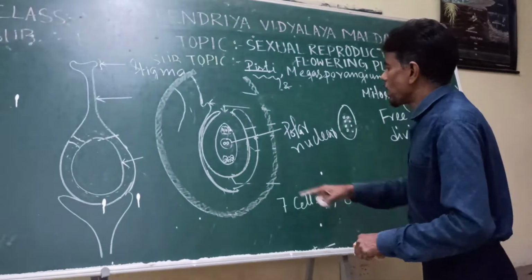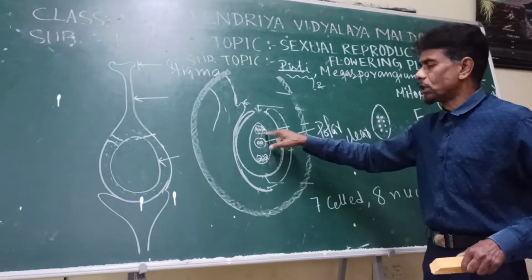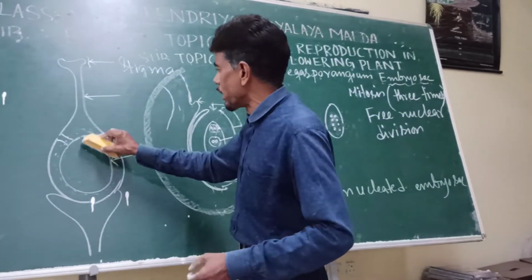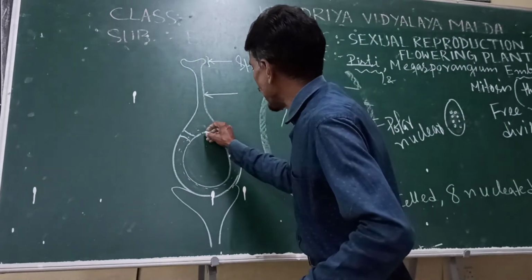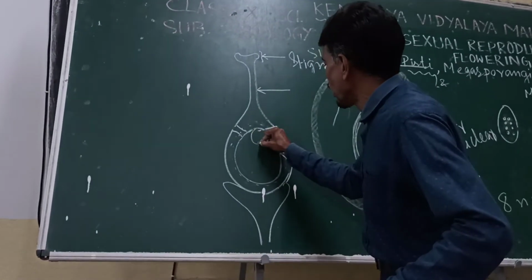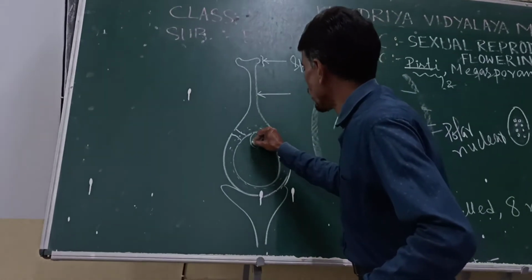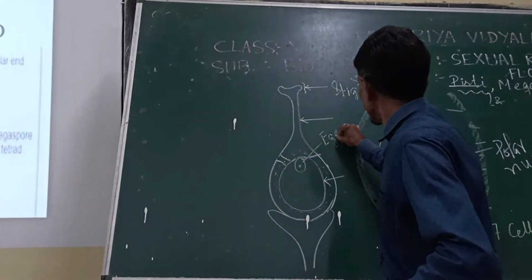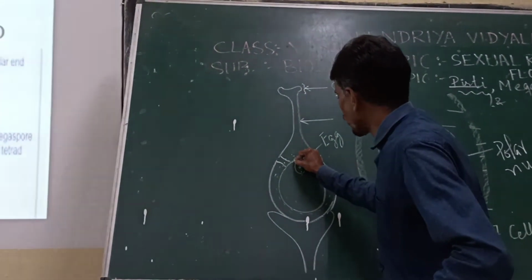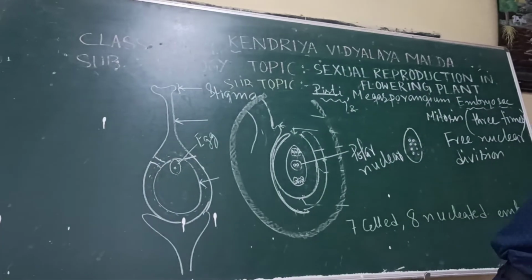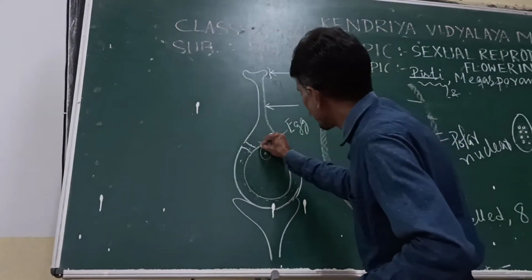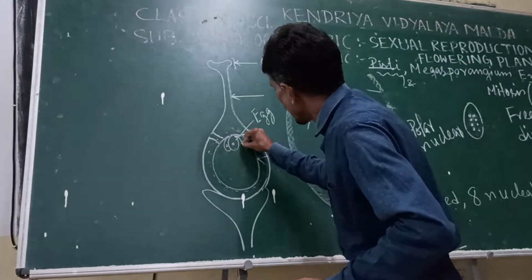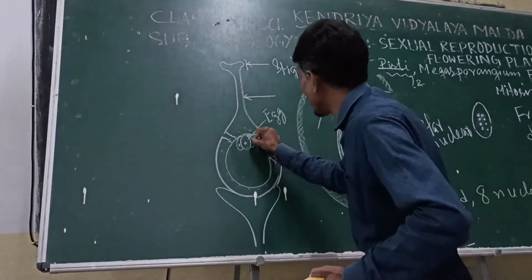Now, the 3 cells along with 3 nuclei present towards the micropylar end. If I draw it separately here, at the micropylar end, the central cell with nucleus is called the egg. And the two associated members guarding the egg are called synergids.